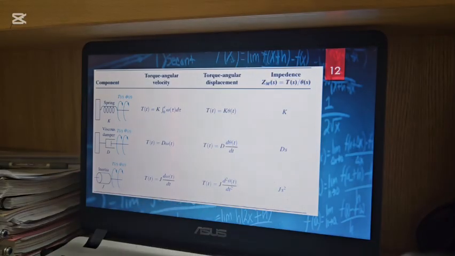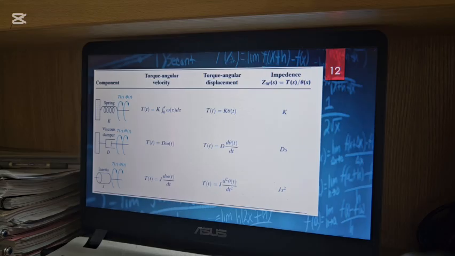So these are the components. We have the first one, the spring, and we have the torque-angular velocity formula, which is T(t) equal K integral from 0 to t of omega(tau) d tau.